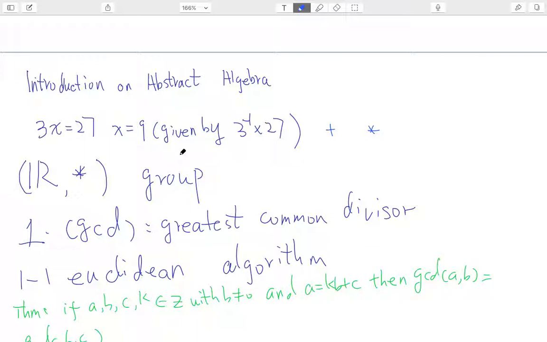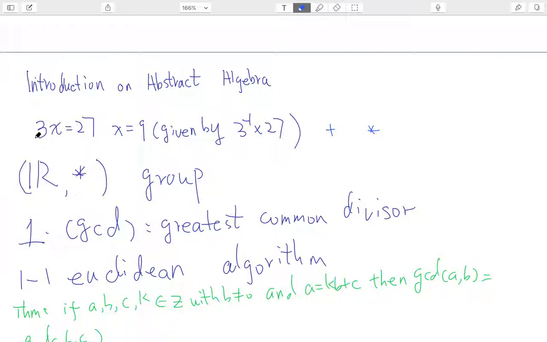After completing this module, I realized that the manipulations we've done for so many years to solve everyday math problems are not to be taken for granted. For example, if we've got an equation like 3x equals 27, then instantly we say, okay, x is equal to 9. We obtain that by multiplying by 3 inverse on both sides of the equation.